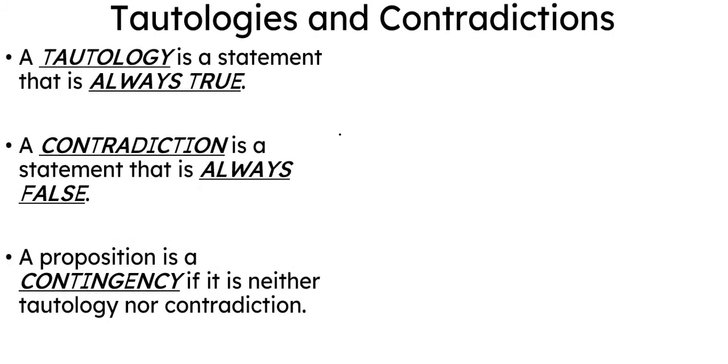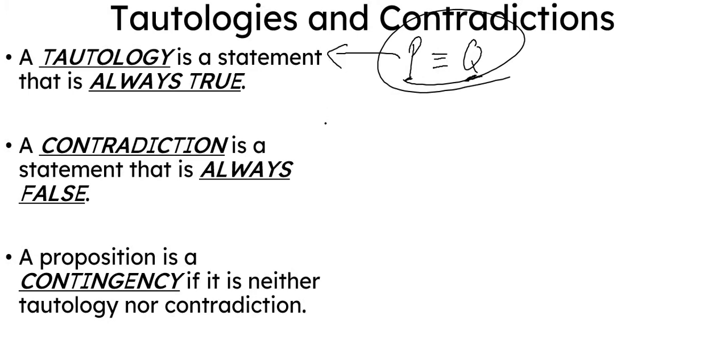So, two statements will be equivalent if that biconditional statement would always be true. Hence, we can also say that if our propositions P and Q are equivalent and this would always be true, then P and Q are equivalent if this statement is a tautology, because a tautology is a statement that is always true.